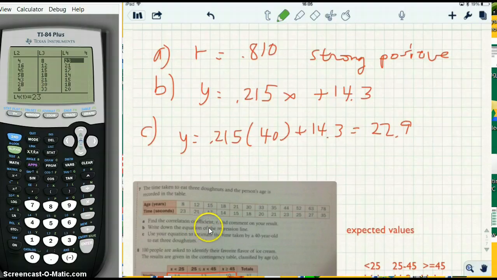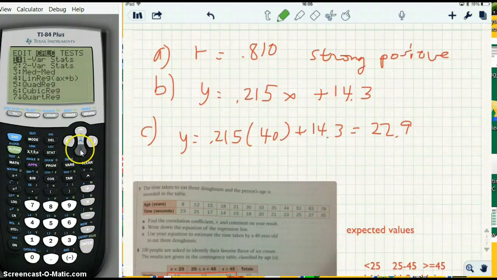Correlation coefficient comes out when you do linreg, and you do linreg by doing stat calc and then going down to number 4, linreg. And that'll not only give you the equation of the line, which goes through these points as best as you can, it also gives you the correlation coefficient, which is how well those points fit the line.